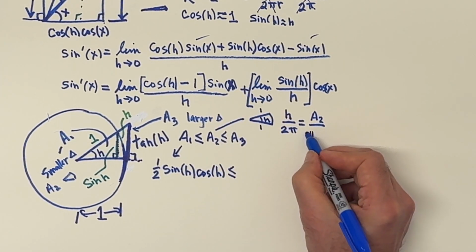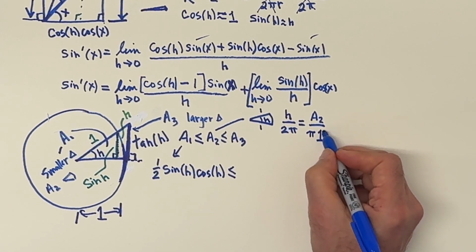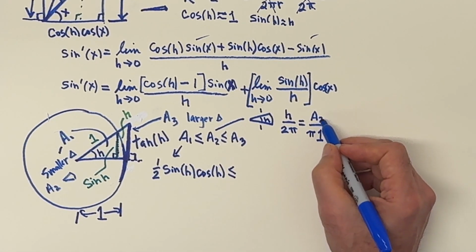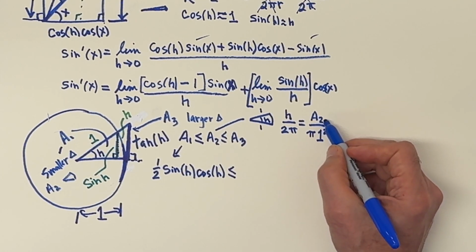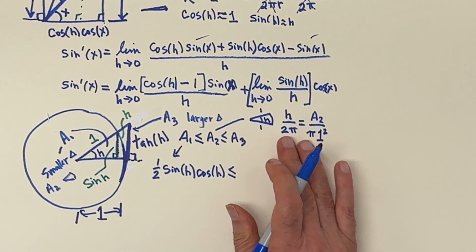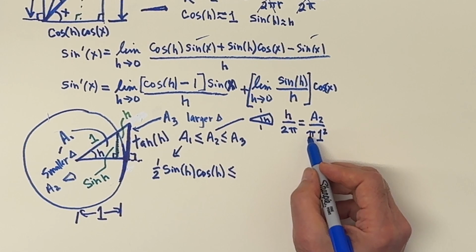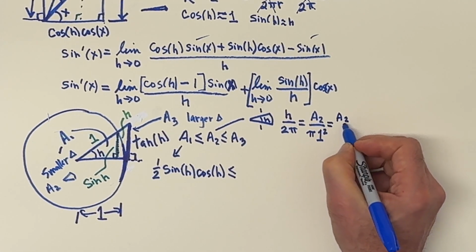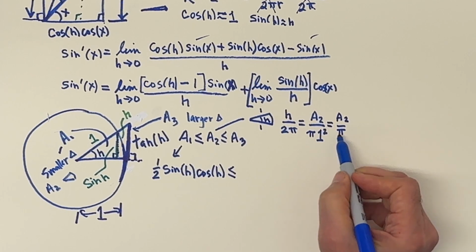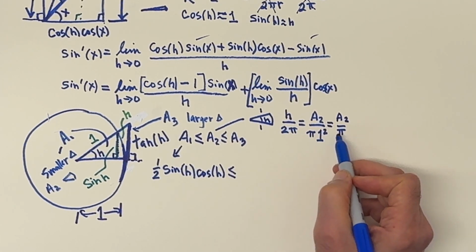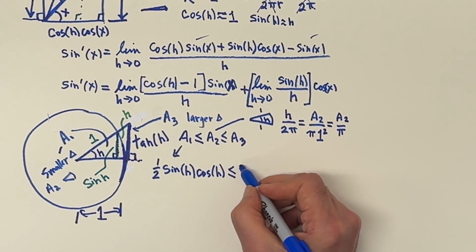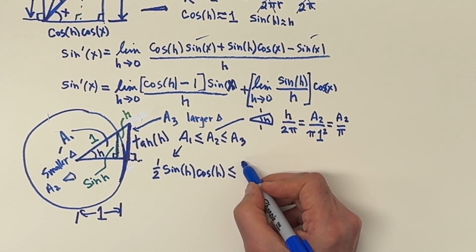Well, the area of the circle is pi r squared, which is pi, since r is 1. So that means these pi's will drop out. This is going to be A2 over pi, and you can cross out the pi's. A2 is going to be h over 2.